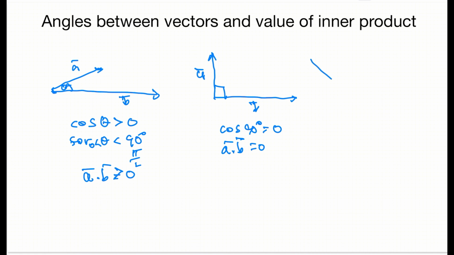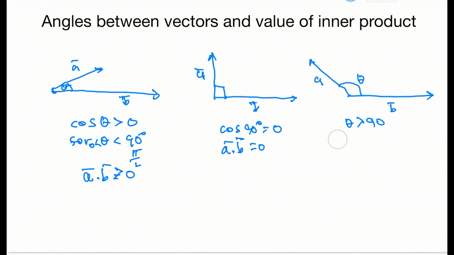Now let's look at when theta is greater than 90 degrees. There's B, there's A, and that angle right there is theta. So theta is greater than 90 degrees, but less than 180.